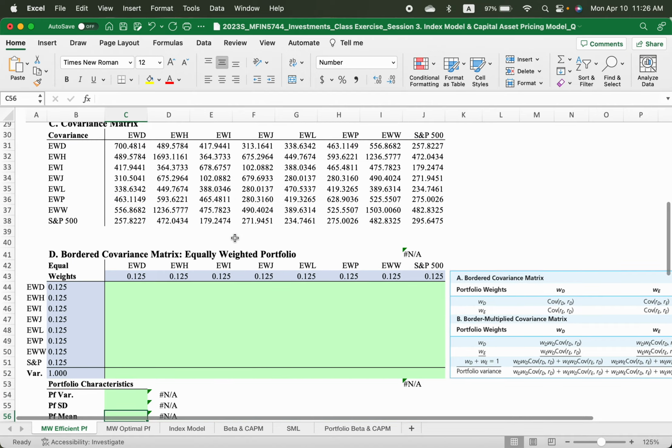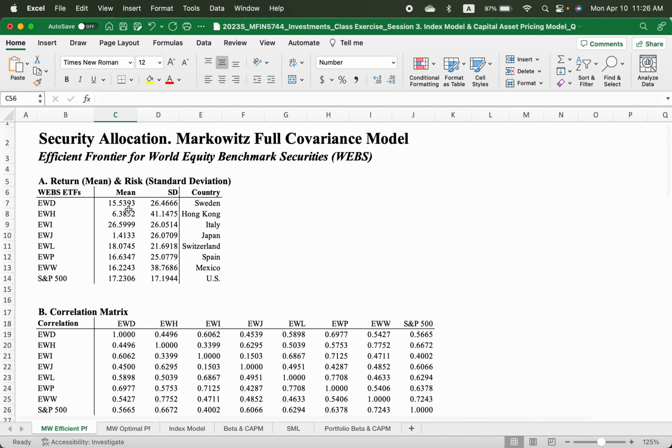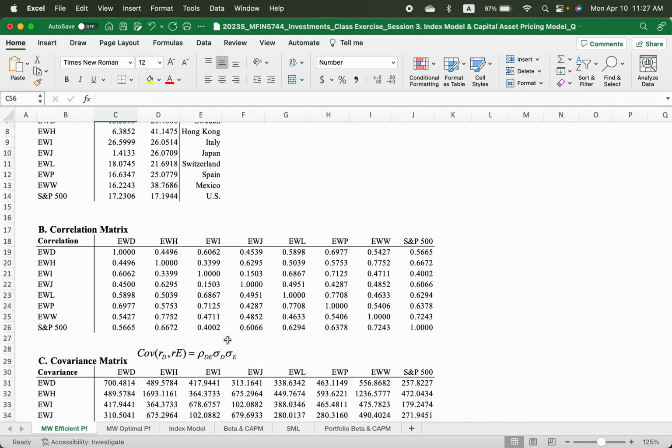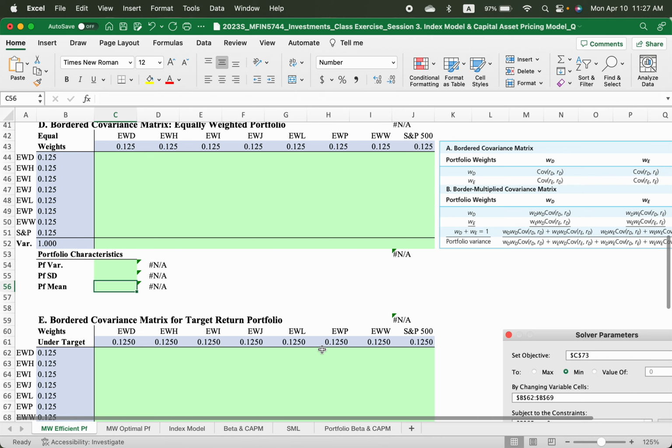The data we collect on return, risk, or correlations is very subjective. But as long as we get this information from meetings, discussions, or any justification or assumptions, the rest of the work focuses on how we allocate a certain percentage to each security or each asset category.